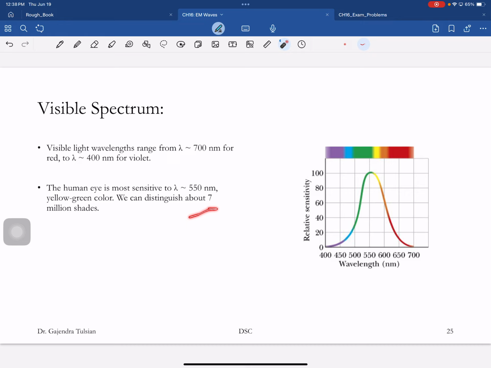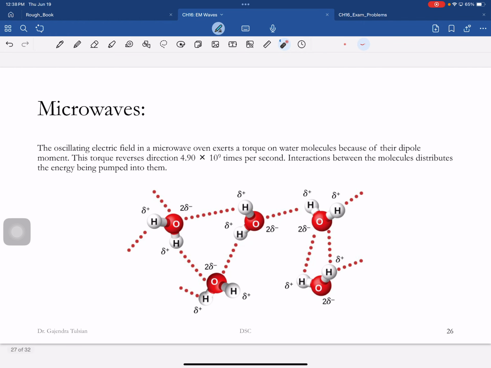You can see only 7 million shades. Some people can see more, which is fascinating. But every sense we have has a wide range. Some people have good tonal quality and stuff like that. Really cool.